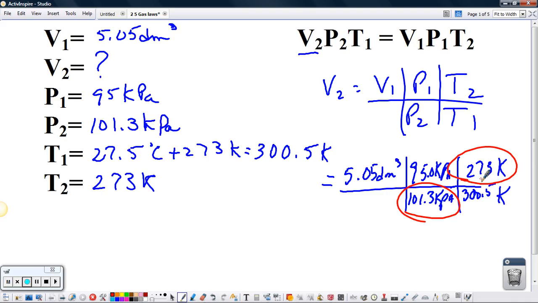Probably not much less than that. It's going to be around 4.3. So it's going to be in that range. So 4.3 what? Decimeters cubed. kPa cancels. Kelvin cancels. Okay?